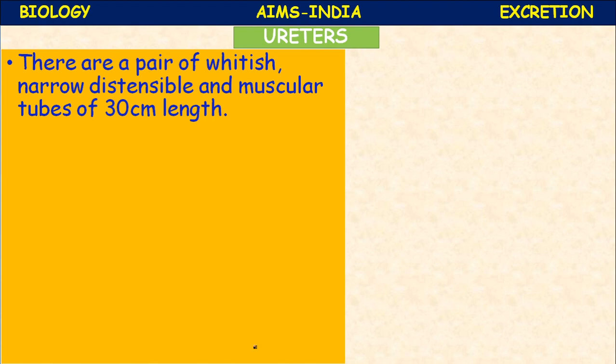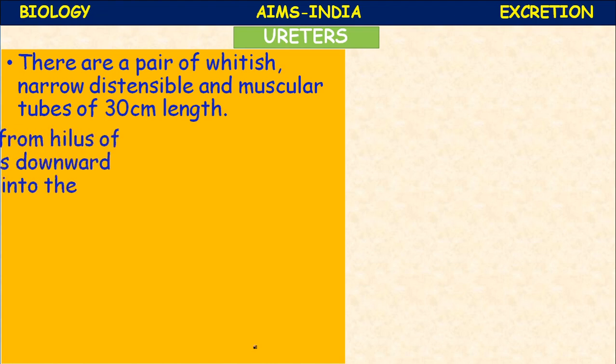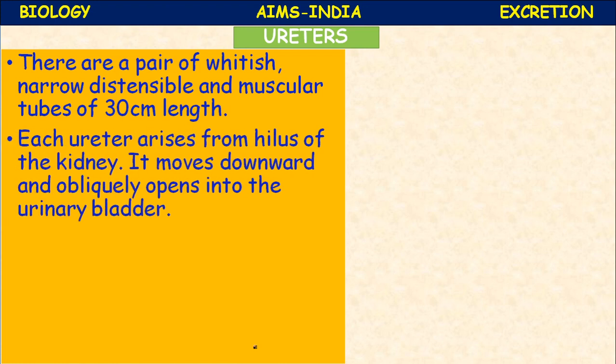Now let us discuss the remaining parts of the excretory system, that is the ureter. There are a pair of whitish, narrow, distensible and muscular tubes of 30 centimeter length. What is the length of the ureter? 30 centimeter on average. Each ureter arises from a fissure of the kidney, that is the hilus.